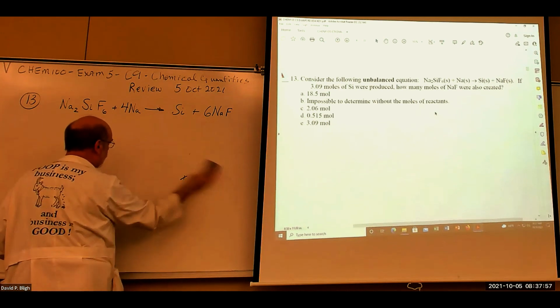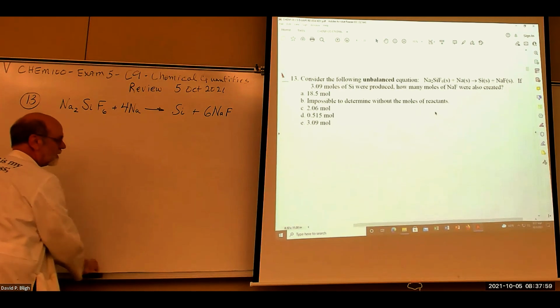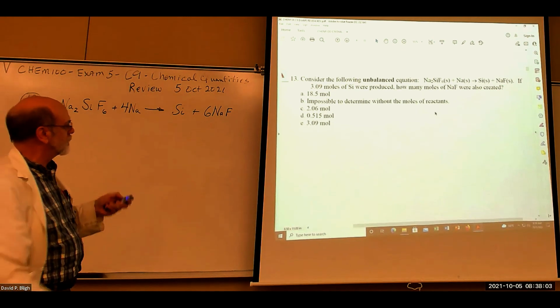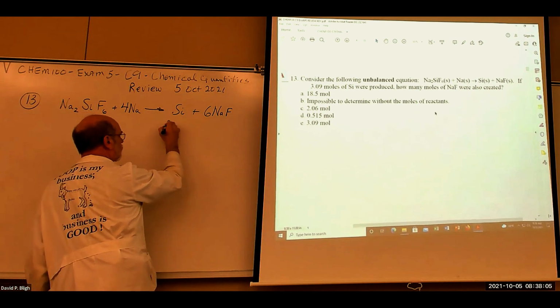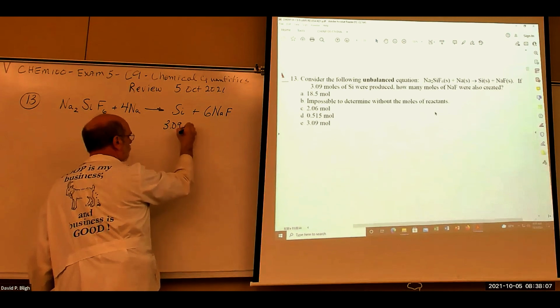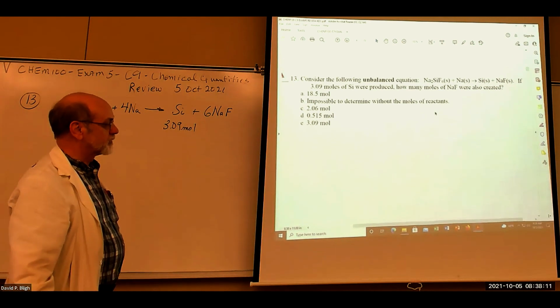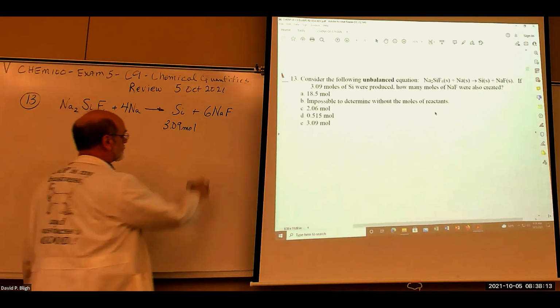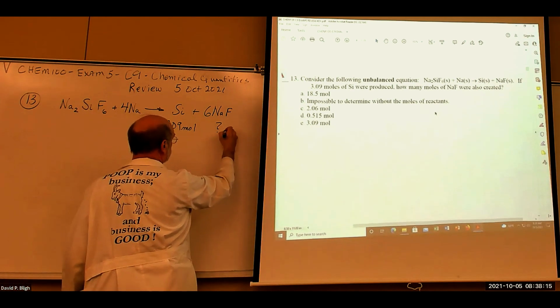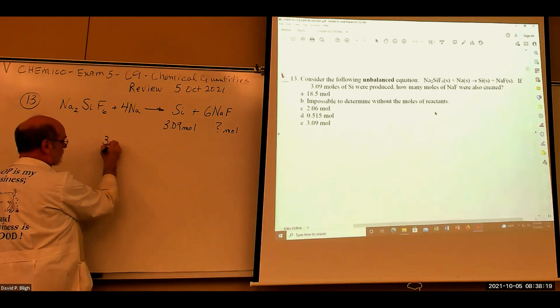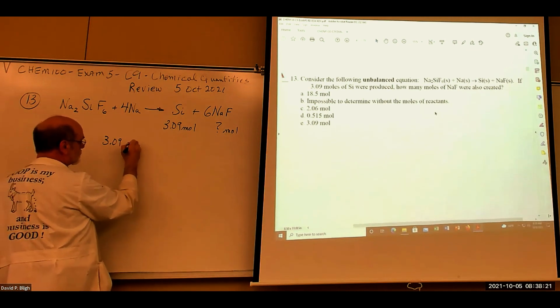All right, now that we have a balanced equation, what else are we given? 3.09 moles of silicon are produced. And the question is, how many moles of sodium fluoride were produced? How many moles of this one? Okay, what do we need?